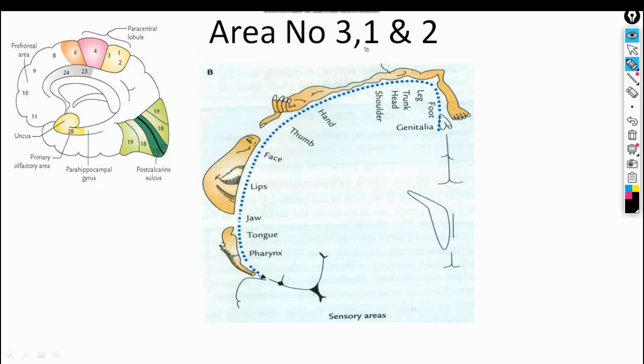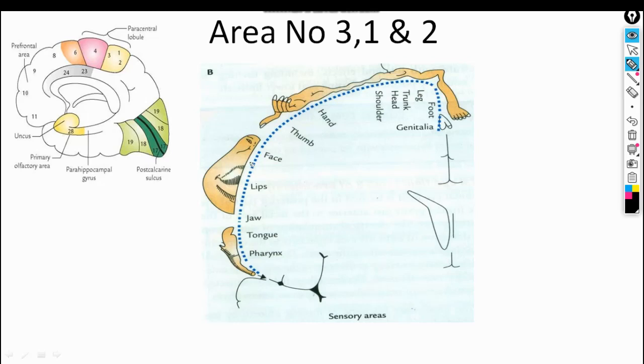Areas 3, 1 and 2 can be seen on the medial aspect also. The maximum area is occupied when compared with other parts of the body.